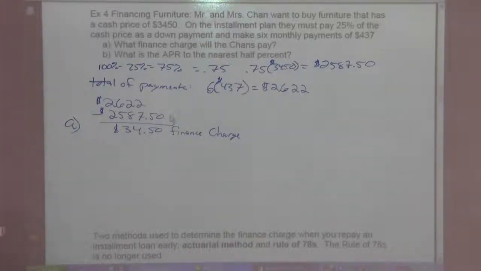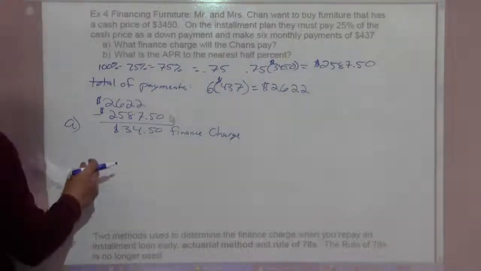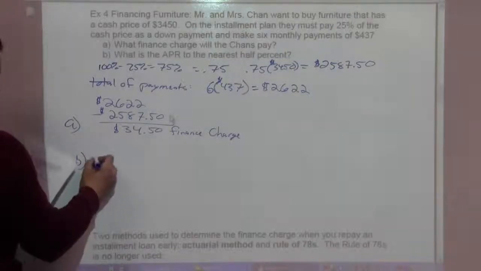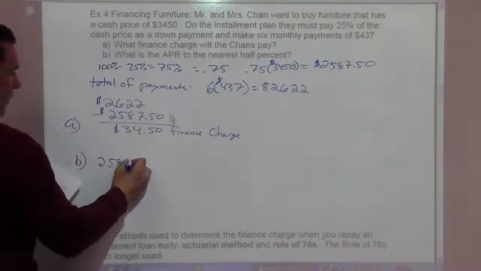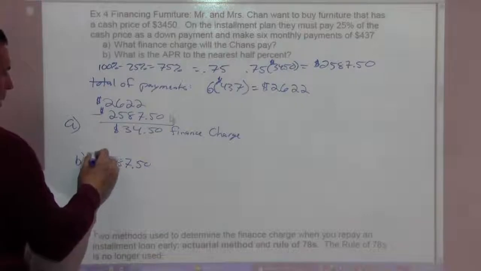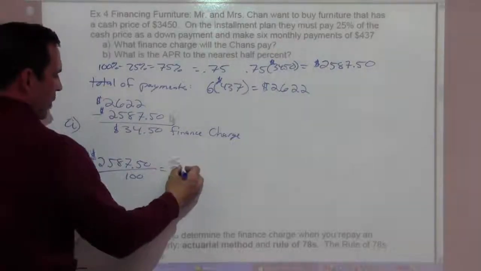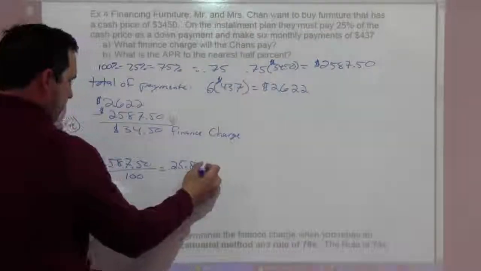Then for part B, what is the APR to the nearest 0.5%? So we take our amount borrowed, our 2587.50. We divide that by 100 to get the number of hundreds borrowed, and that's going to be 25.875.